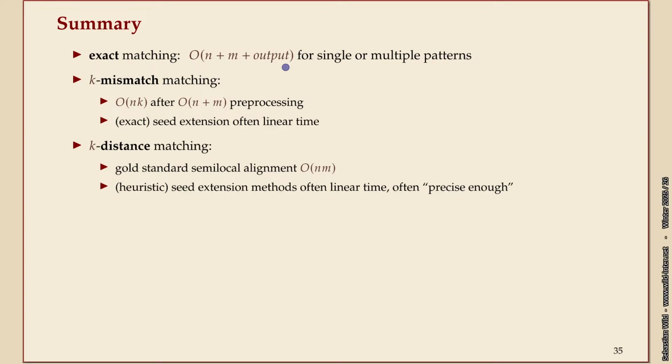That's the best you can do in this setup. Whereas for all of the inexact matches, we only have partial results. For k mismatches, we can do the kangaroo algorithm in n times k time after this clever pre-processing step. Or we do these more heuristic algorithms based on small seeds that match exactly. If you want to go back to the original gold standard problem, you can either pay the price for the exact solution, usually not feasible, or you can, from what we've seen so far, use seeds and try to locally extend them into an alignment.